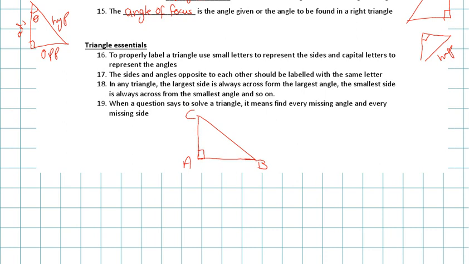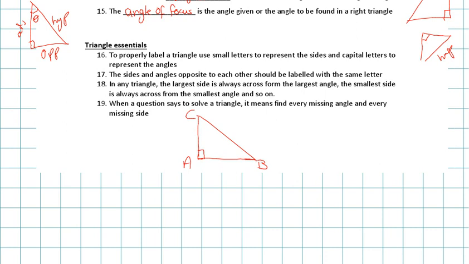Now, when we're talking about the sides, they take the small letters. But it's not that I can call whatever side whatever I want. There is a system for it.